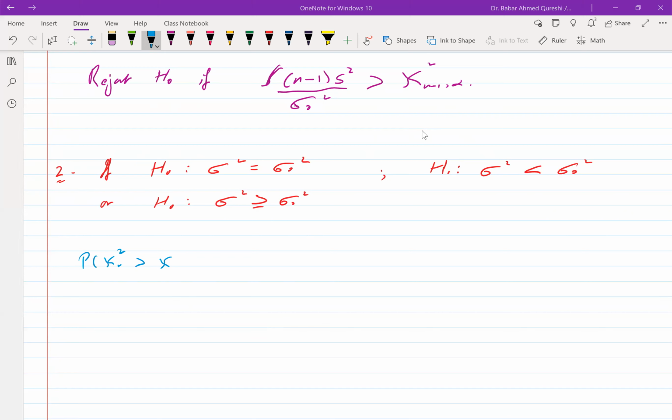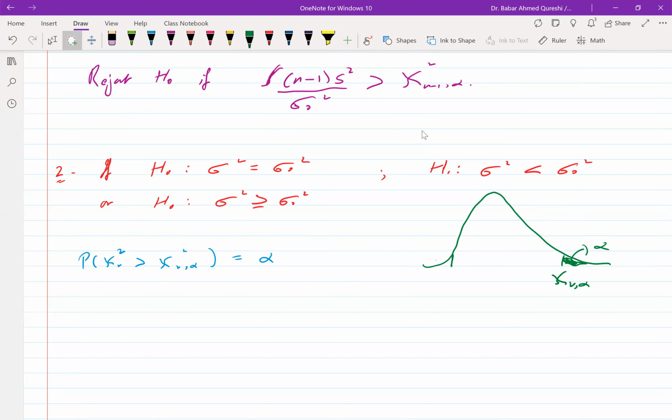So if I had this chi nu alpha square, this I had defined it like that, and this area is alpha.